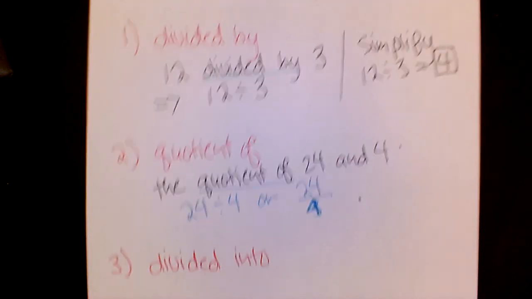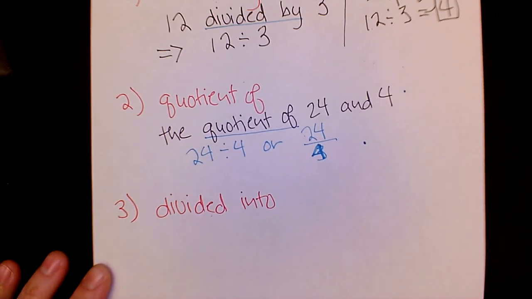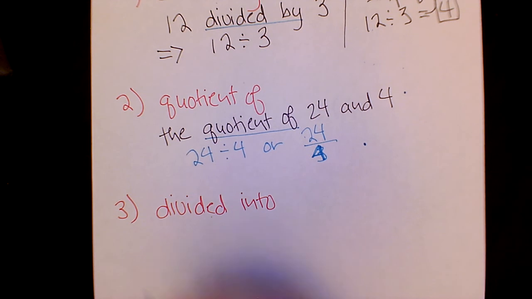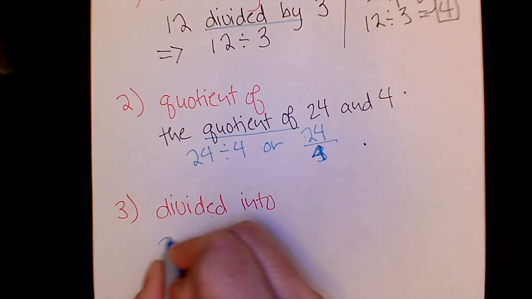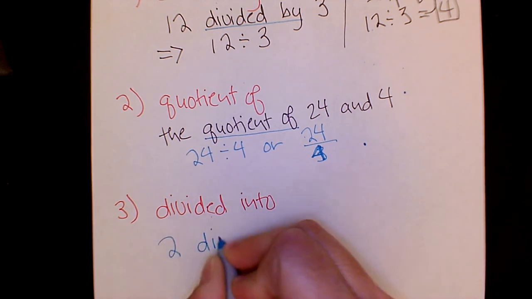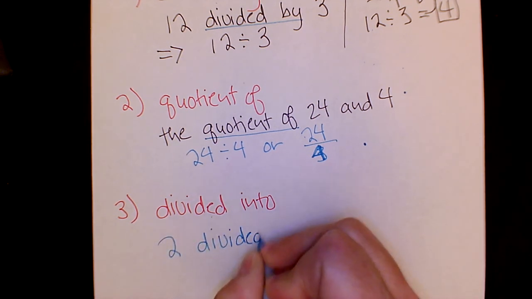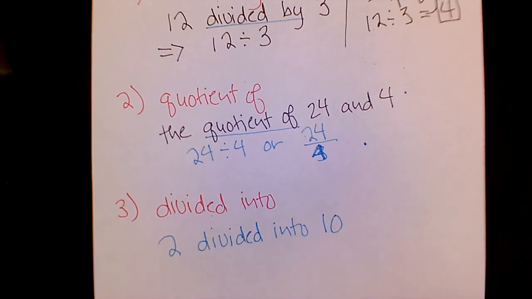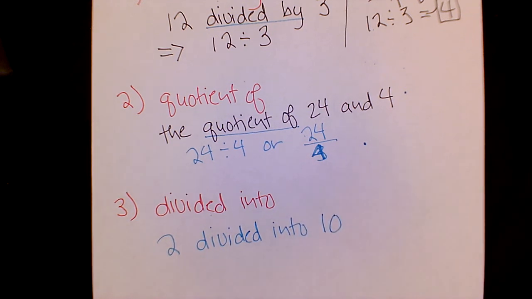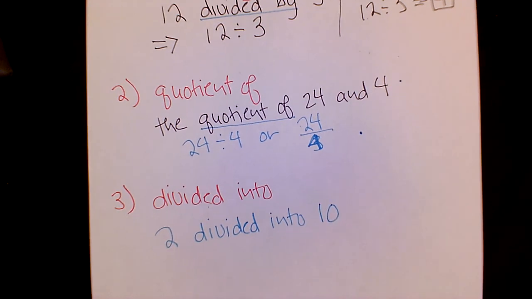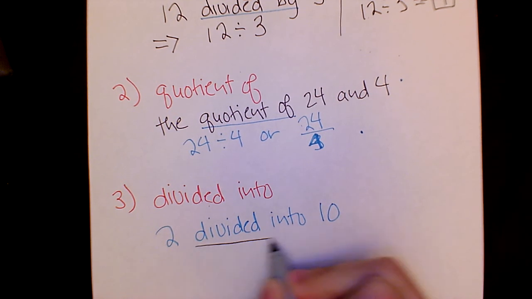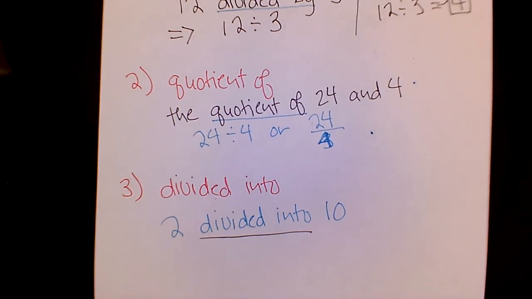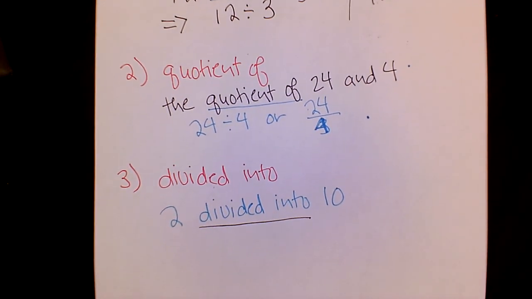And the last one is divided into. And if we see something like 2 divided into 10, that's the English. We see the key word divided into.